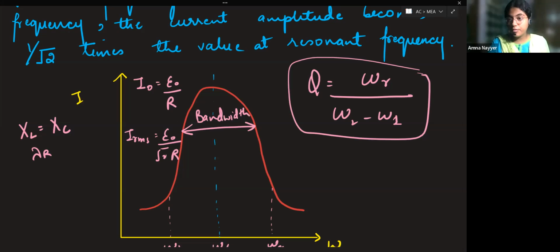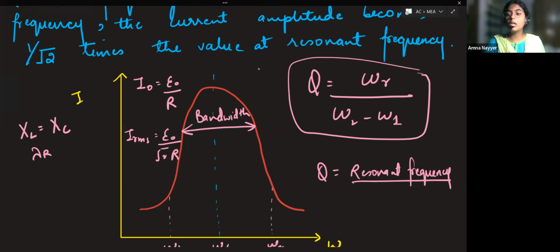So if you wish, you can write the definition of Q factor as the ratio of resonant frequency to the bandwidth. You can even leave your answer till here.